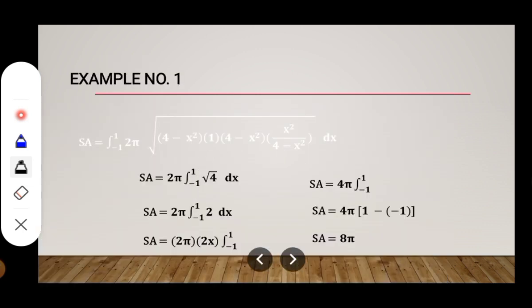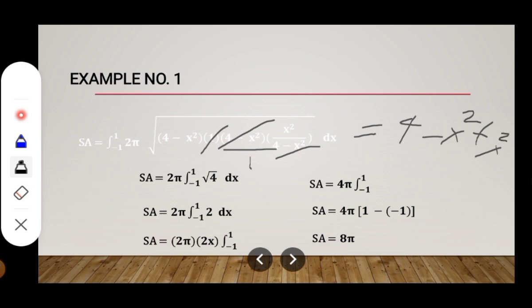And then we combine the terms under the square root: 4 minus x squared plus x squared over 4 minus x squared. Then we divide by 4 minus x squared, so we cancel these terms, and we have 4 minus x squared plus x squared, so that's 4.